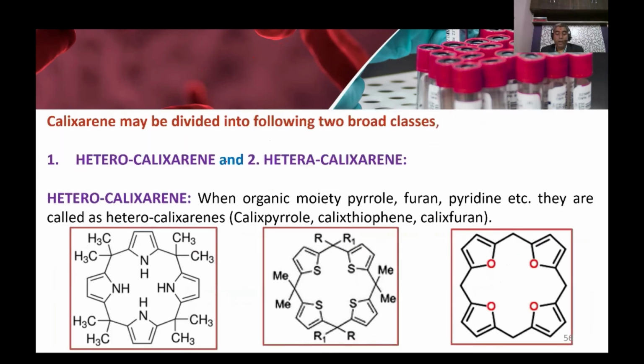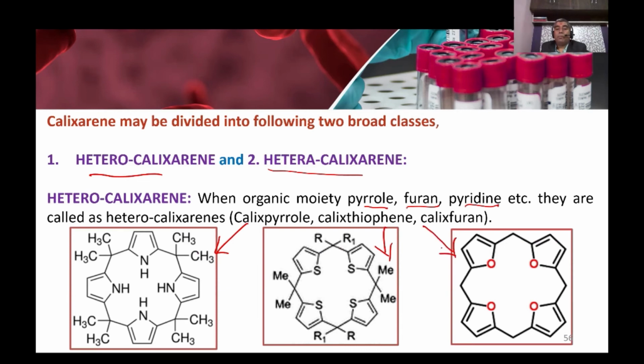Calixarenes may be divided into two broad classes, that is, homocalixarenes and heterocalixarenes. Heterocalixarenes mean when an organic moiety such as pyrrole, furan, or pyridine is included; this is a calix[4]pyrrole, calixthiophene, and calixfuran.